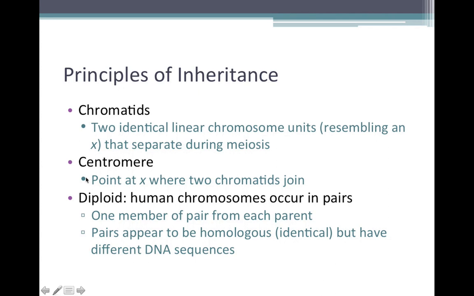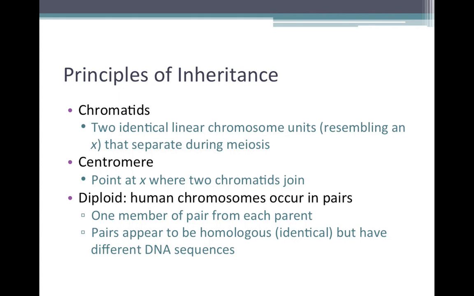They resemble an X, but these chromosome units separate during meiosis, which is the formation of sex cells. The centromere is the point at which the X forms. So when the chromosomes cross, that little center point where they cross, that's the centromere. This is where the sister chromatids join, and this is actually one of the anchoring points for cell division.